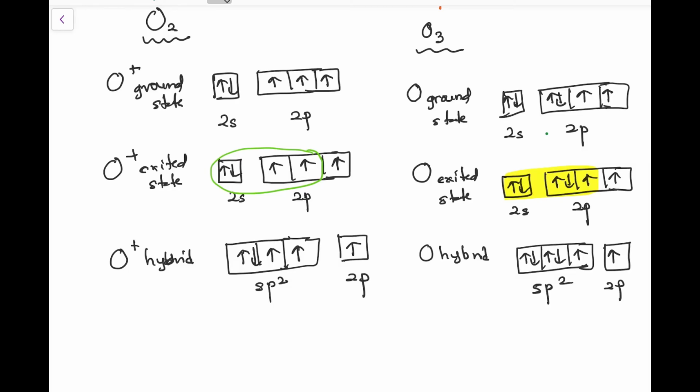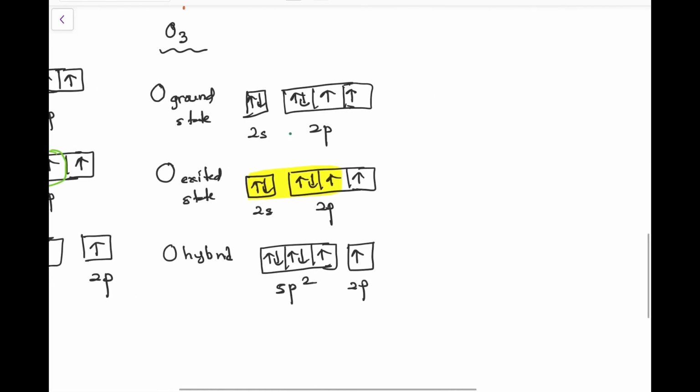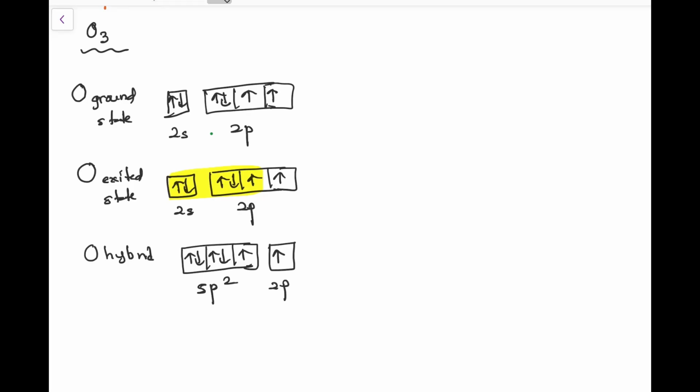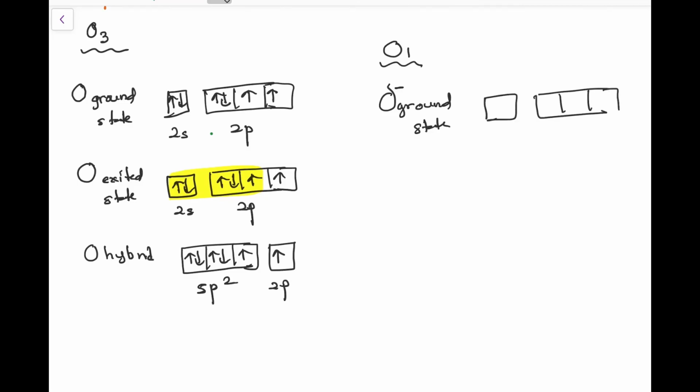And for oxygen number 1, it does not undergo hybridization. So we write the ground state for O number 1, which is O negative. It has 7 valence electrons because it gained another 1 electron.